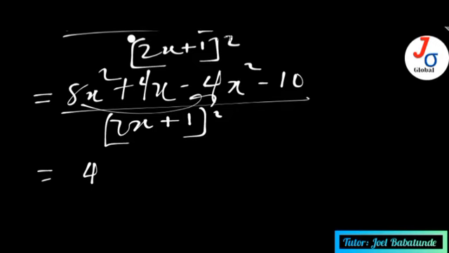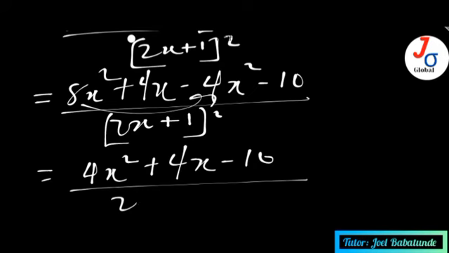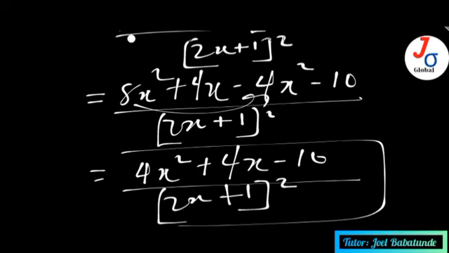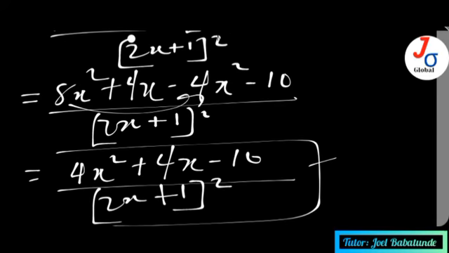I have 4x squared plus 4x minus 10 over 2x plus 1 all squared. So this is basically the derivative of that, dy/dx. Okay, so that's how to use the quotient rule.